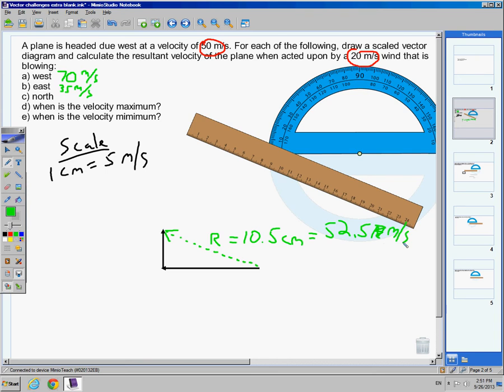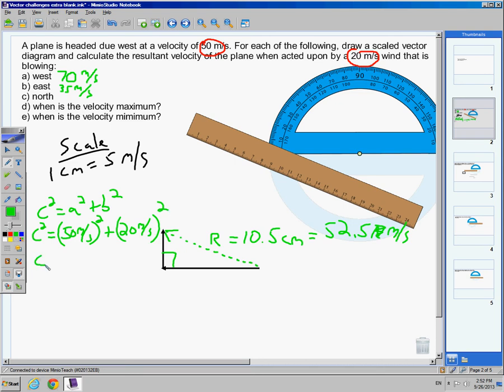Since this makes a right triangle, I'm going to use the Pythagorean theorem. C squared equals A squared plus B squared. And now that I have that, I have C squared equals 50 meters per second squared, let's try to straighten that up a little bit here, plus 20 meters per second squared.